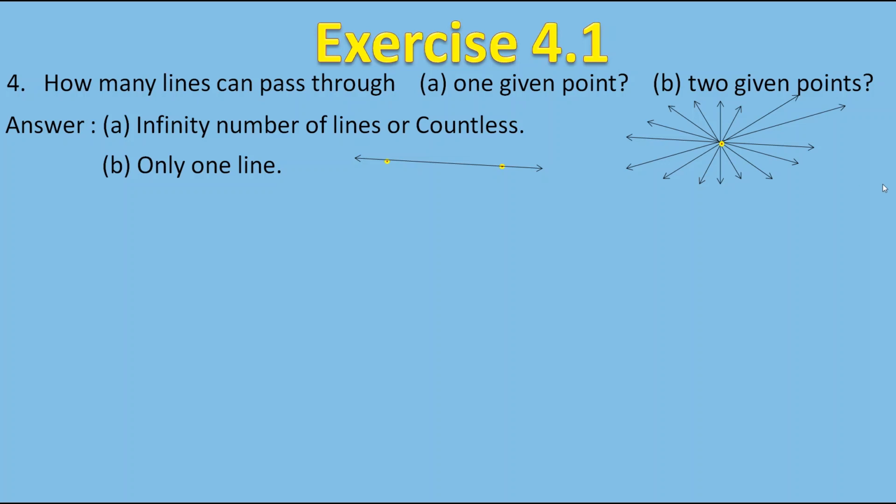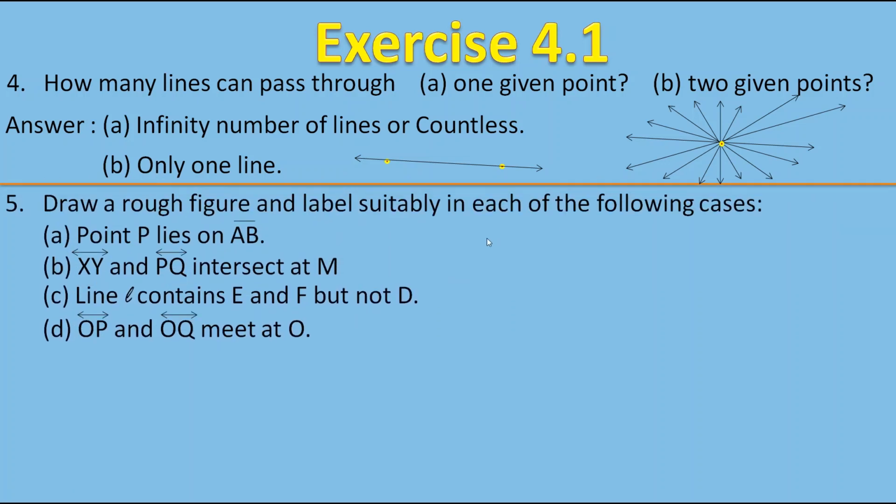Now the next question is, draw a rough figure and label suitably in each of the following cases. Now we have to draw a diagram which satisfies these statements. The first one is, point P lies on line segment AB.